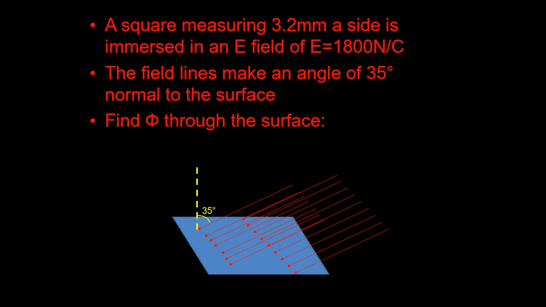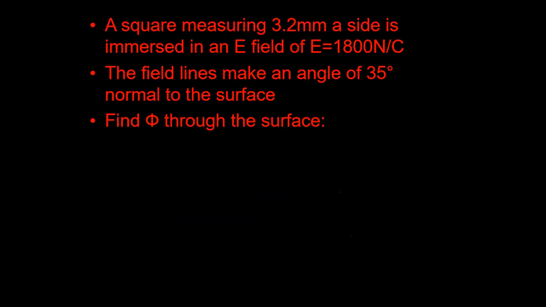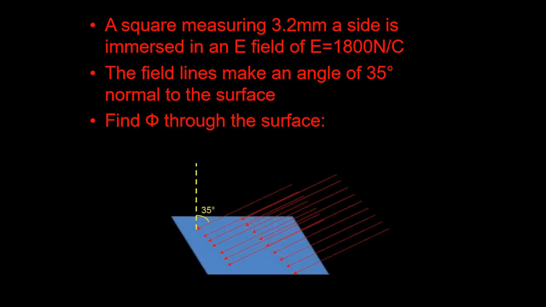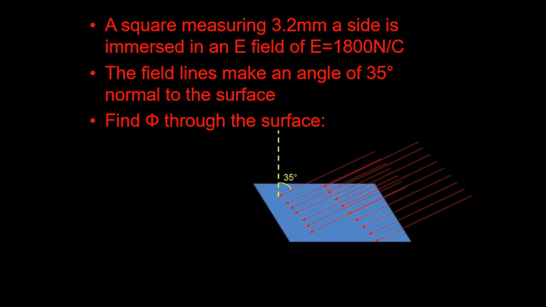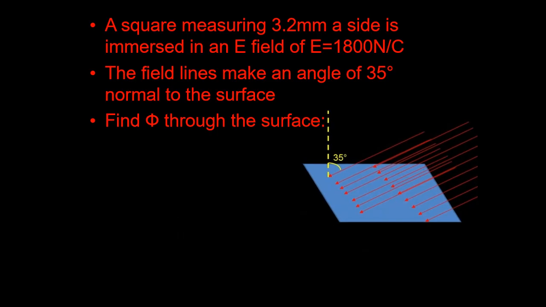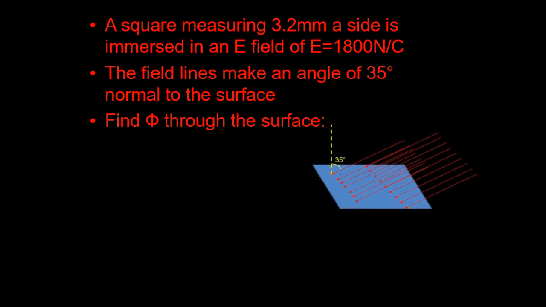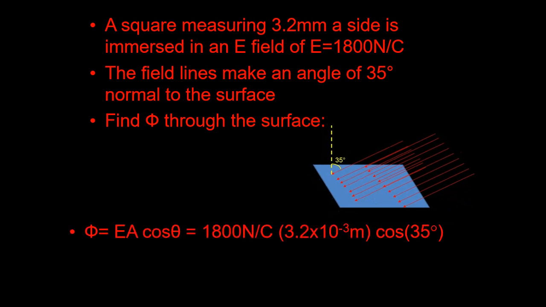Physically, this is what's happening. The electric field is coming in here and making an angle of 35 degrees to our surface of interest. So this means phi will be equal to EA cos theta.